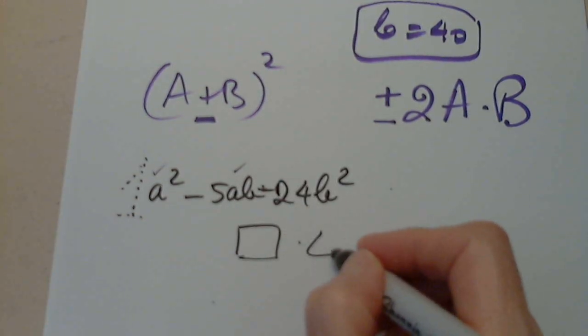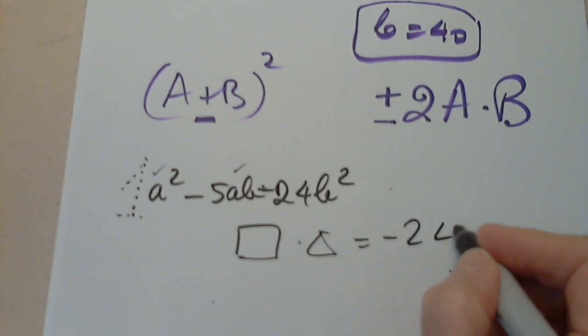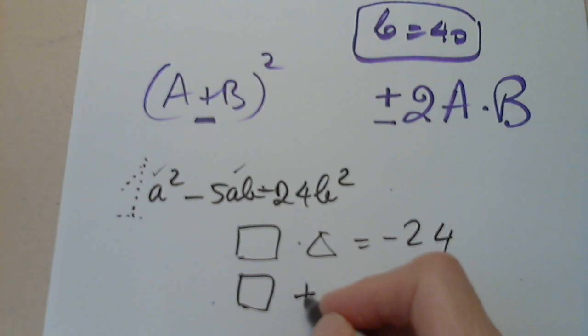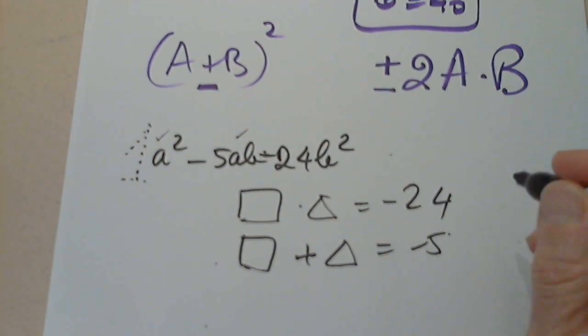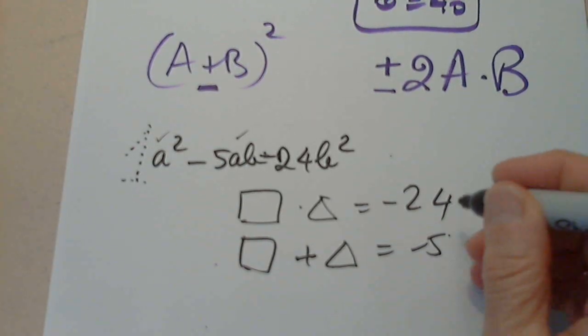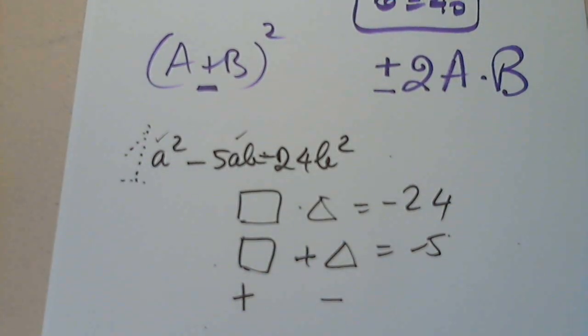So I need two numbers whose product is negative 24 and whose sum is negative 5. I must look at the product first. The product is negative, so I expect the positive and the negative. And now I have to think. I need two numbers whose product is negative 24, of course, one positive, one negative, and whose sum is negative 5.